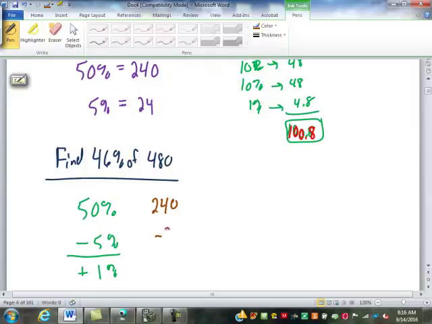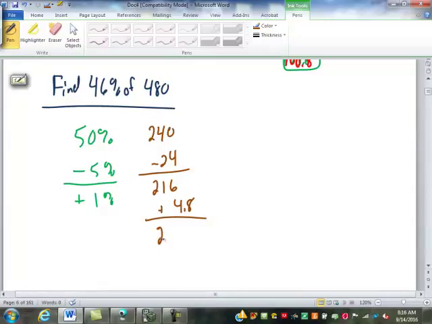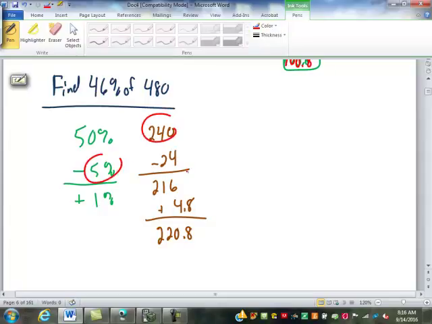I'm going to subtract 24, which is how much? 216. And then I'm going to add my 4.8, my 1%. So it's 220.8. I started out with 50%. I subtracted the 5% to get down. This is at 45% now. Then I added 1% to it. Now again, 46% could be a relatively complex percent, but if I use the benchmarks, I can find it fairly easily.